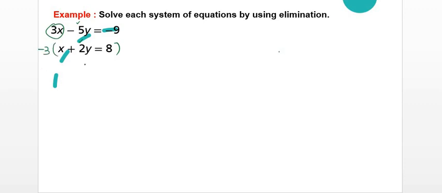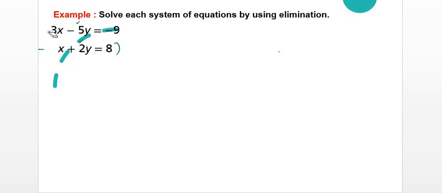Why do they multiply it by -3? Because when I multiply -3 by x, it will give me -3x, and now both the terms are same with different signs, so 3x can be cancelled with -3x, right? So it's all your choice. You can multiply it with the positive number or with the negative number. The main idea is to make the coefficient numbers exactly the same.